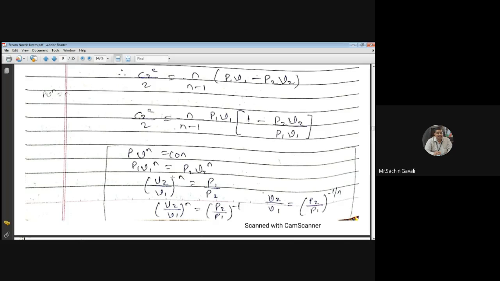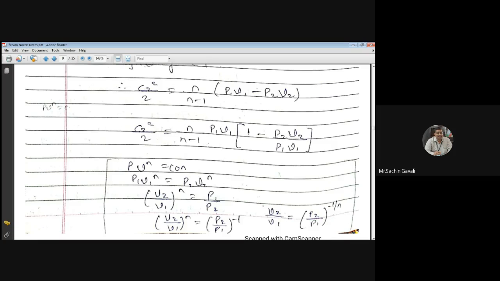If we put this value, V2 upon V1 is equal to P2 upon P1 raised to minus 1 upon n, into this equation, we get C2 square divided by 2 is equal to n upon n minus 1 P1 V1 in square bracket 1 minus P2 upon P1 into bracket P2 upon P1 raised to minus 1 upon n.